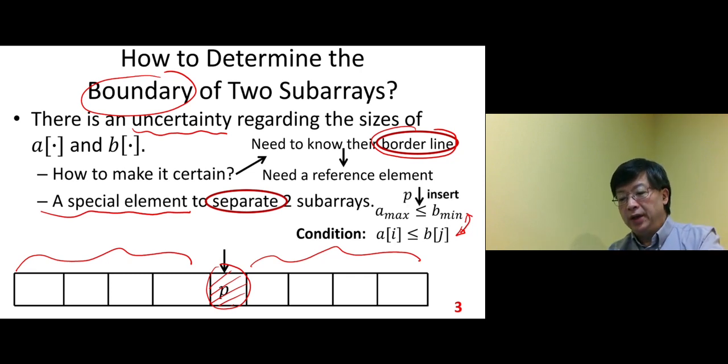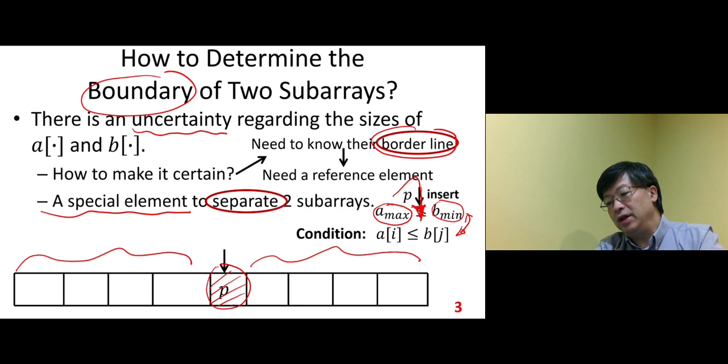This P element should be between the A array and the B array. This is the last element in the A array if it is sorted. Although we do not assume it is sorted, if it is sorted, that's the last element. If the B array is sorted, this is the first element. Then the P should be the one between these two elements. Yeah, we insert it.